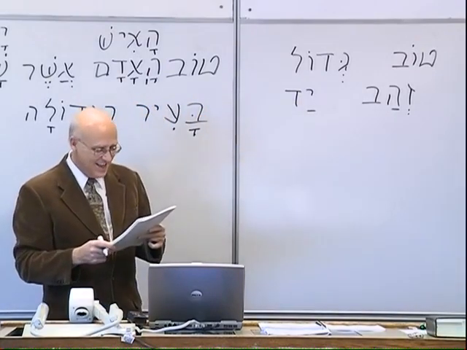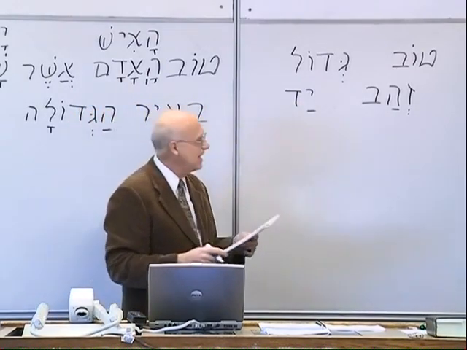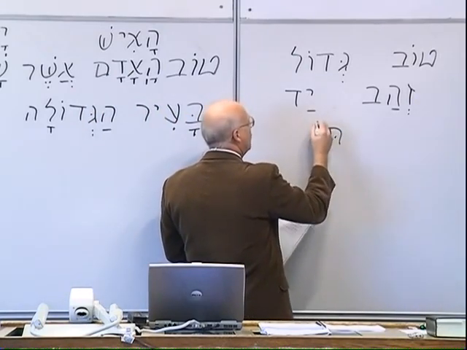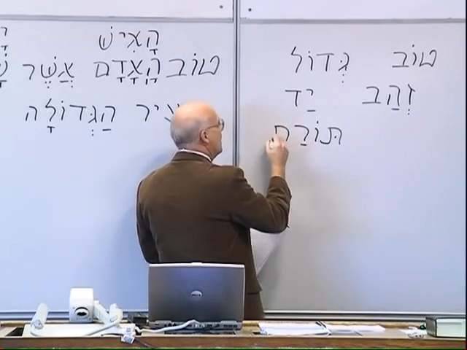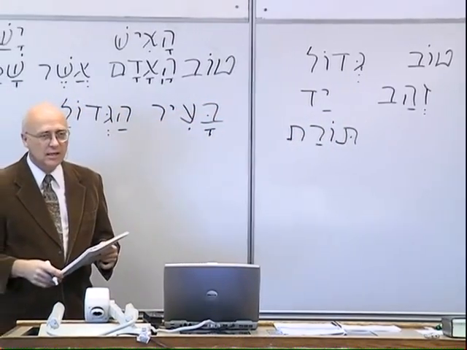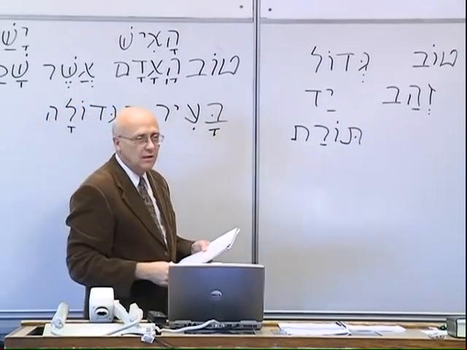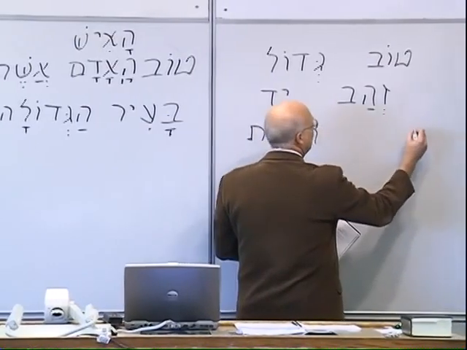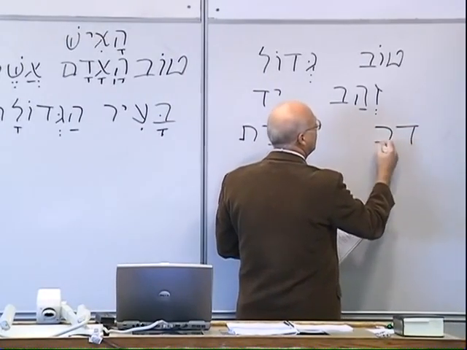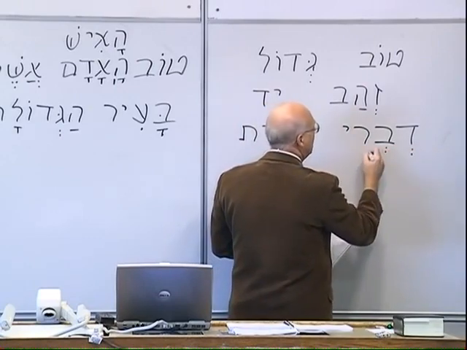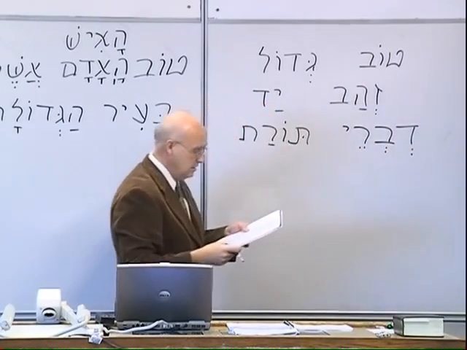Okay, so Franz, number 9. That's torat. Okay, torat is the construct of Torah. All right? And the construct of devarim, divrei. Okay, divrei.